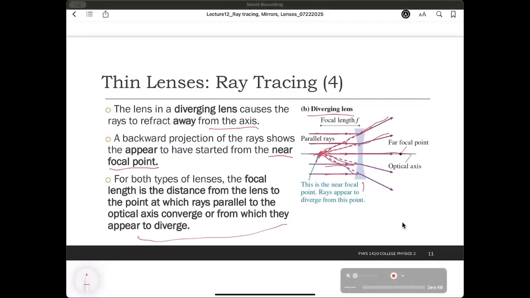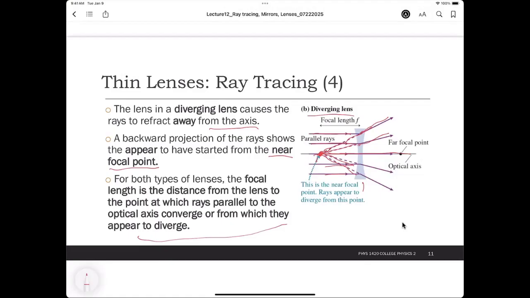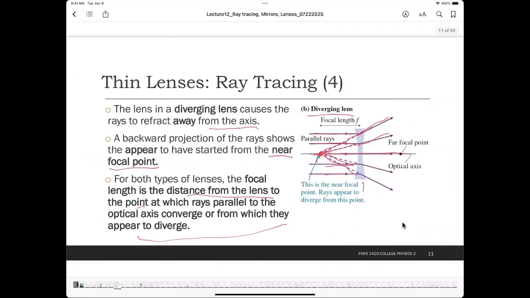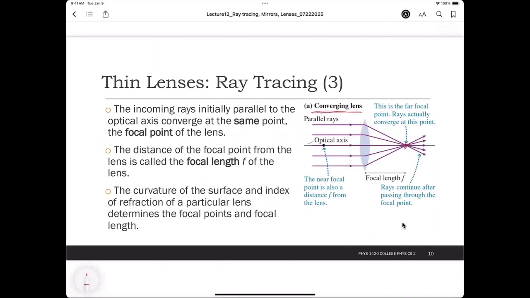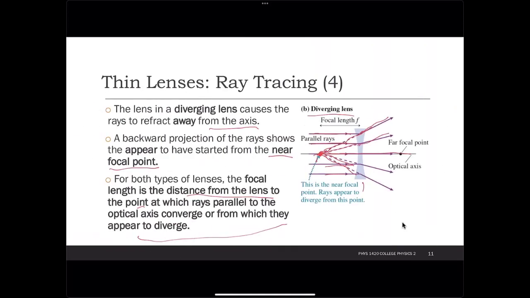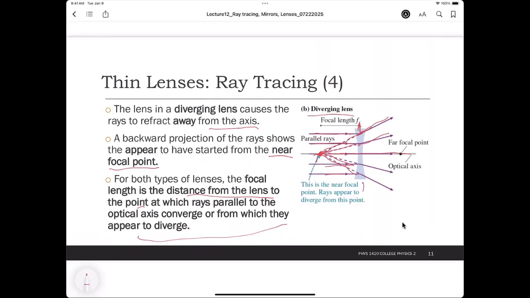Does this make sense to you? For a convergent lens, the focal length is the distance from the lens to the focal point. And for a divergent lens, the focal length is the distance from the lens to the near focal point, which is the point from which the refracted rays appear to diverge.